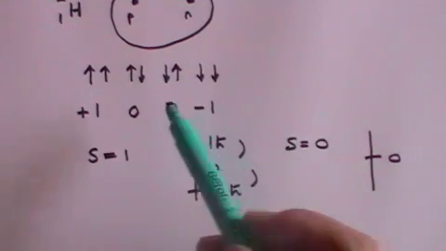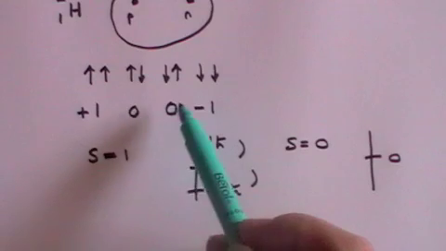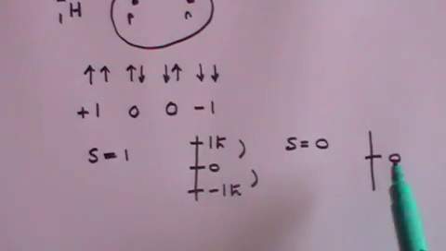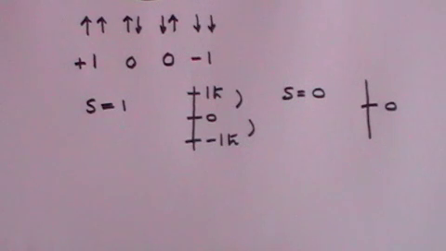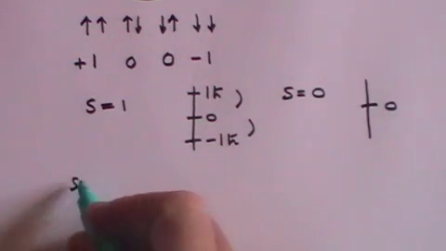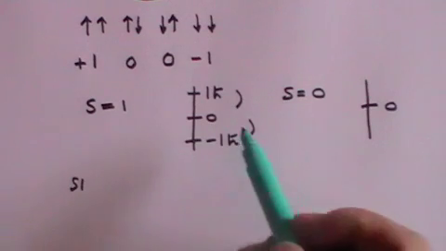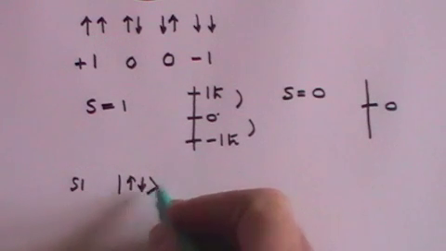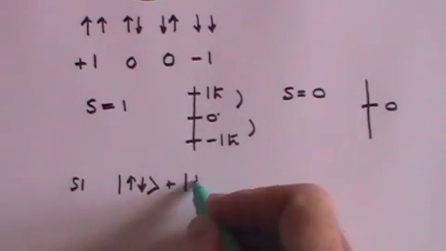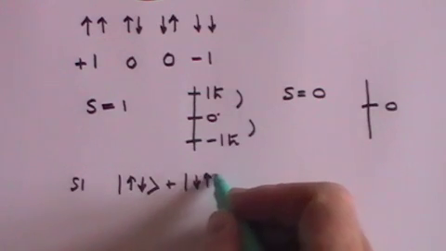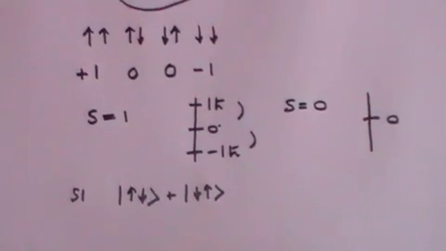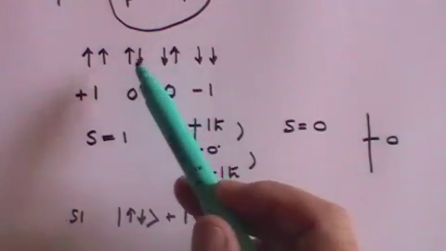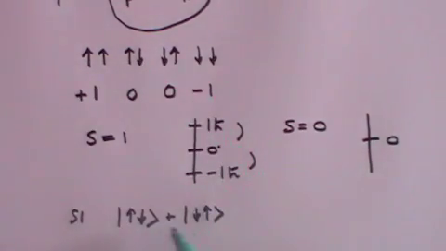In quantum mechanics, it's the superposition of these two states that represent these two here. The way it works is that the S equals 1, zero state, that's this one here, is given by a combination where the two zero combinations are added together. So this one plus this one is the way we write it.